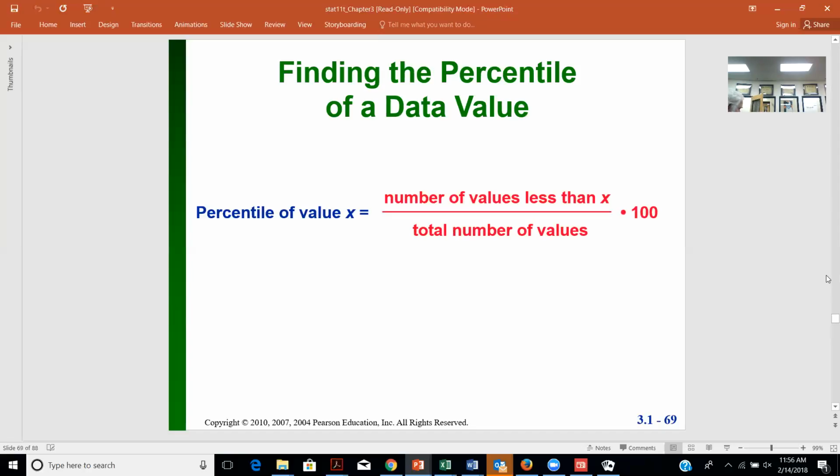This is why no one can be above the 99th percentile, because you're at the top of the range. It doesn't matter if you've got 100 values in the entire range, or if you've got 100,000 values.